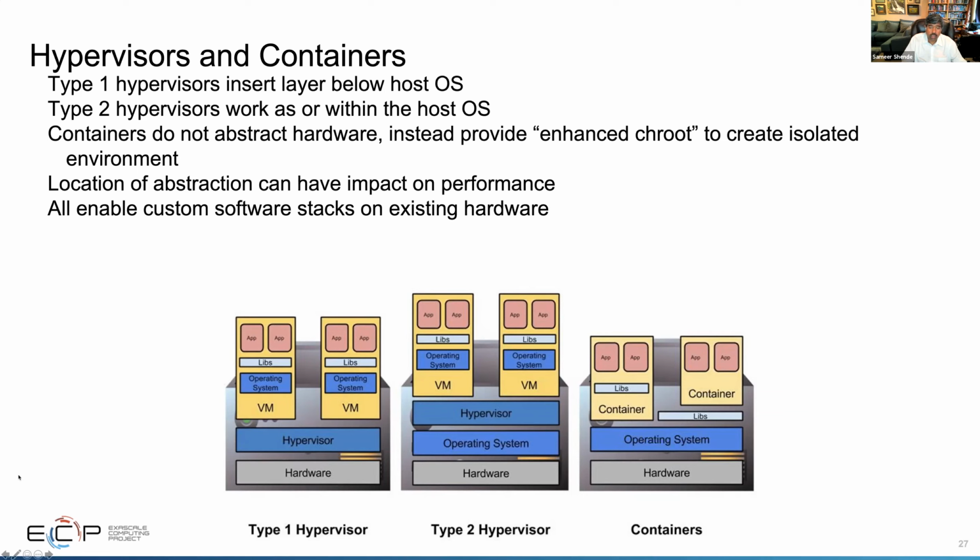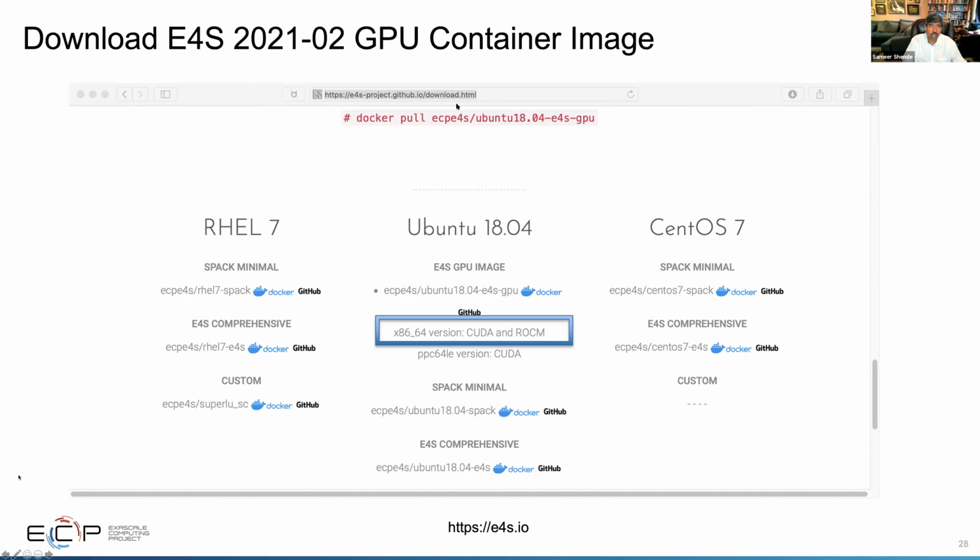So we'll look at how you can create the containers, how you can use containers that come from the E4S project. And if you go to the download page at e4s.io, you will find different operating systems supported. You'll see images such as this one, x86-64, which has CUDA and ROCm, PPC64LE, and you can just do a Docker pull directly or download an image from here.